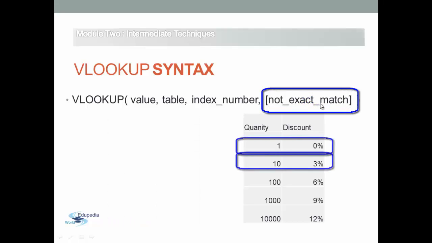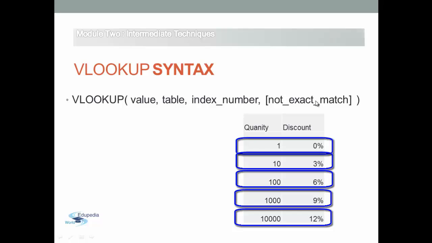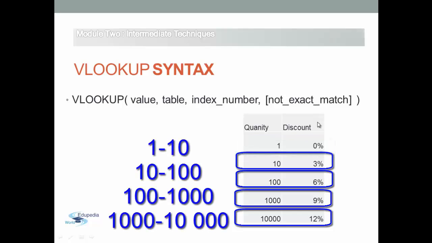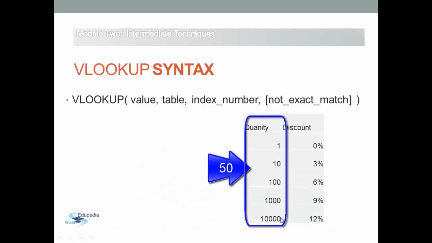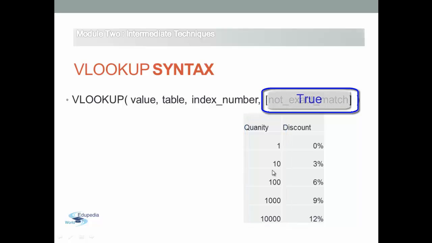But if you are looking for a not exact match value, like in this example, where the value you are looking for can be located in between one of these ranges, for example, if you are looking for a quantity of 50 from the first left column, it is not an exact match with any of the data recorded in that column. In this case, you should type TRUE or leave it empty, because that fourth parameter is optional.